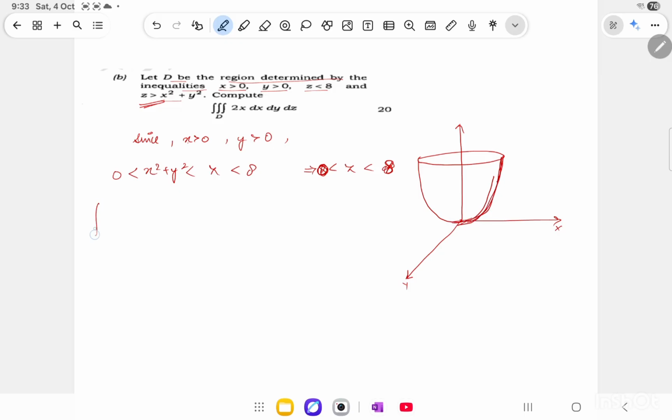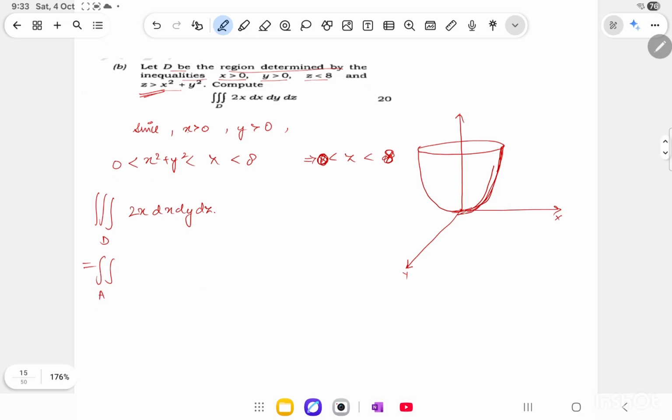So the integration will be the integration over D of 2x dx dy dz. It will be the integration over A, let's say A is the area of this projection, somewhere here, this is our A, into z, where the limit of z varies from x square plus y square up till 8.